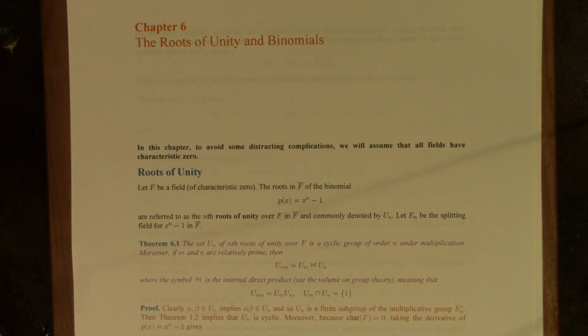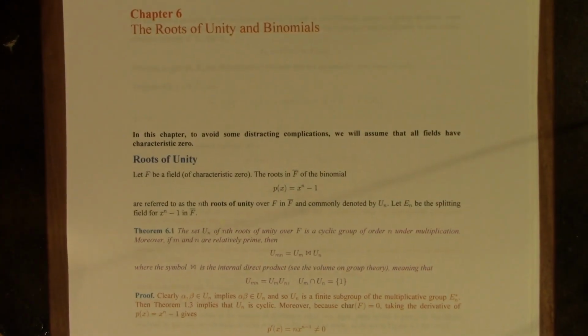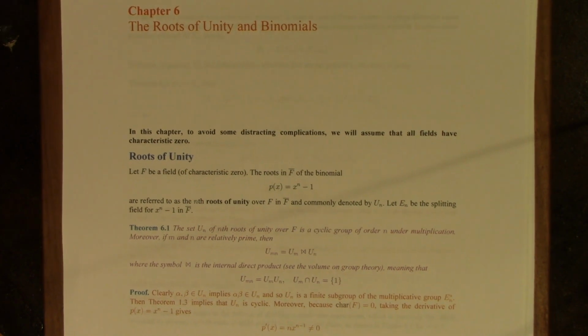When we talk about binomials of the form x to the n minus u, p does not divide that exponent n. When we talk about nth root extensions, p does not divide that n. So, as you can see, it becomes a little bit complicated. So I just decided that the best course of action will be to assume that all fields have characteristic 0.